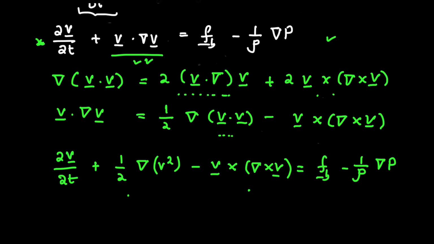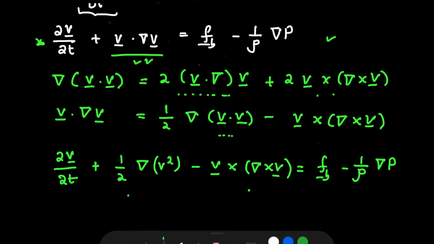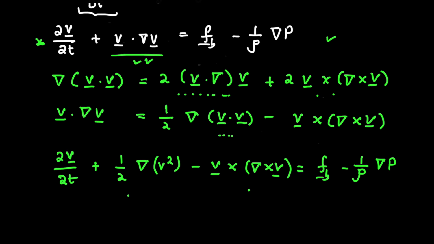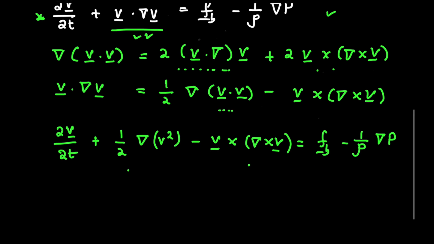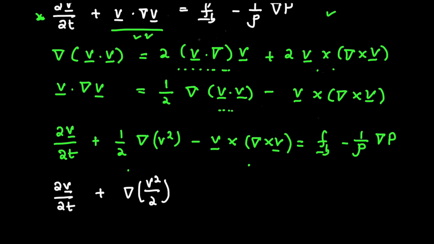Okay, guys. So now we're going to simplify this equation even further. We still have our partial derivative here. Plus, let's write this equation in this form, v squared over 2, right?